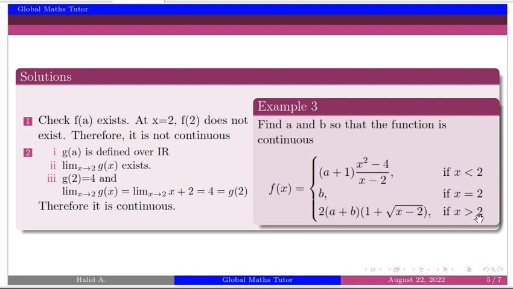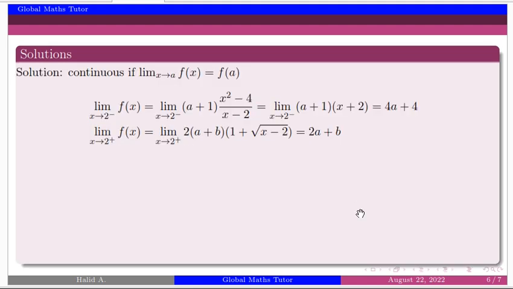And from the positive side we have the function defined by this one. Since x is greater than 2, that means a positive number, for example 2.0001, if we substitute this value we use these functions. So for the positive side we use these functions. Finding the limit of these functions is the same as substituting 2 here.